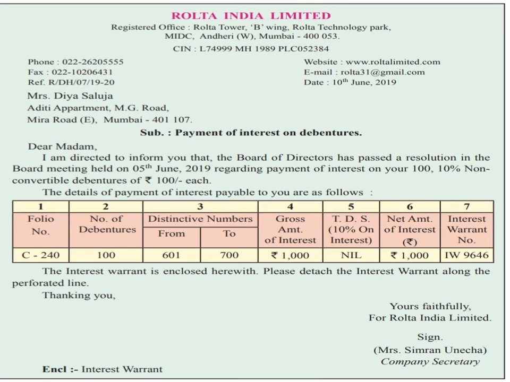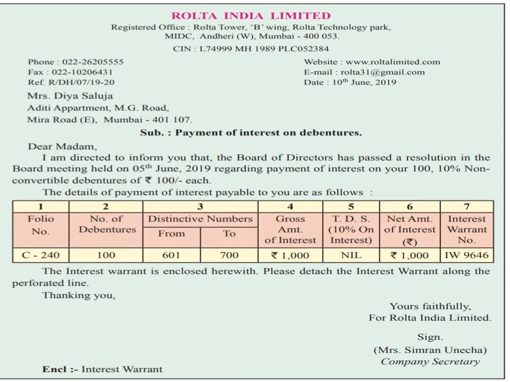So no tax has been paid on that. Okay, nothing is there. So she is getting how much total interest on those 100 debentures? That is 1000. The seventh box mentions the interest warrant number, that is IW 9646.